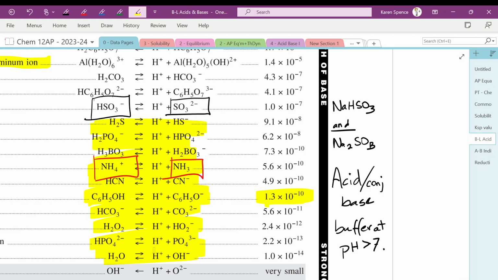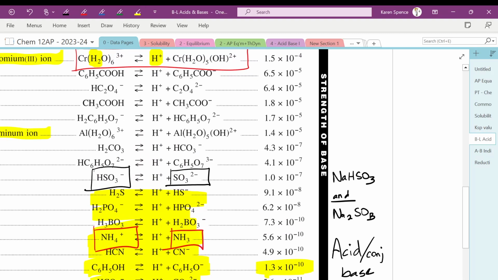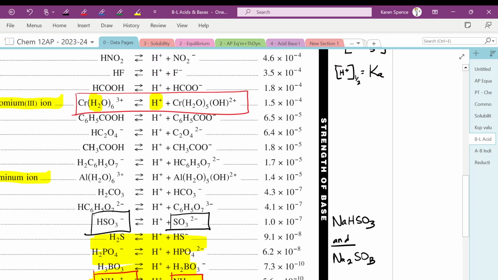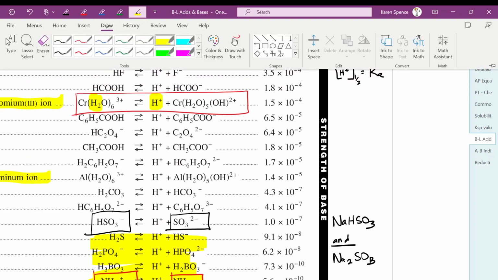Now what if I wanted to buffer at pH less than 7? I could use any of these. I could use the aluminum one.